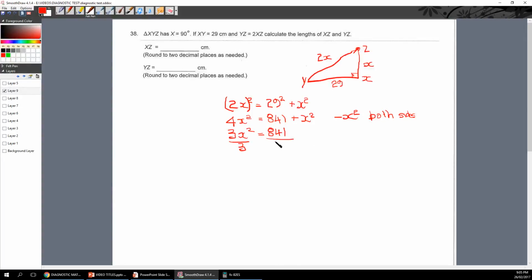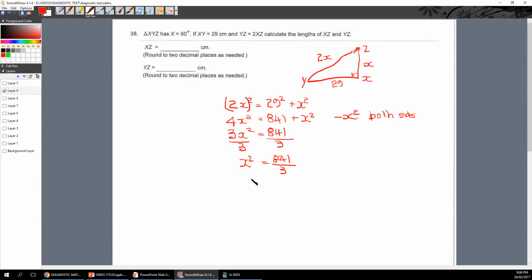And I get x squared equals 841, which isn't divisible by 3, 841 over 3.